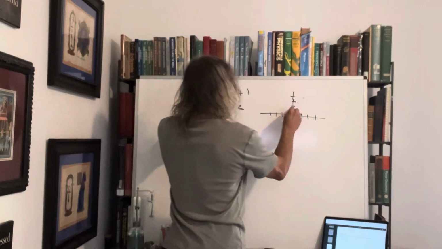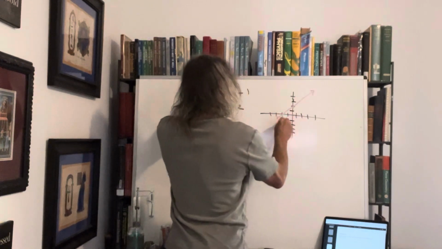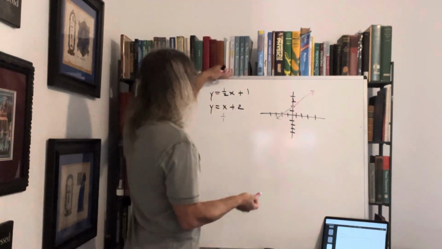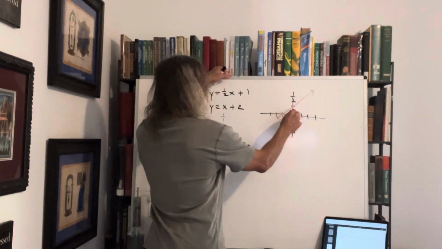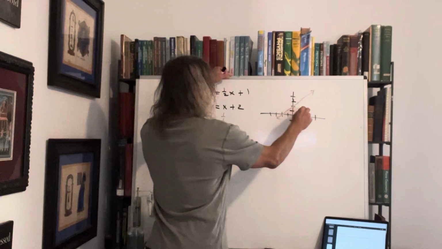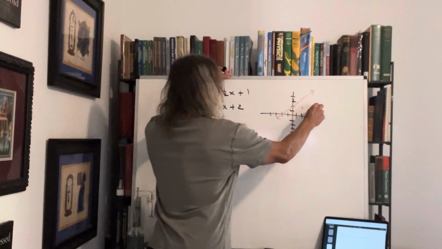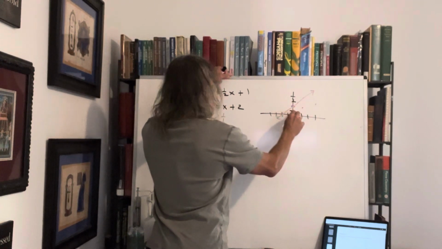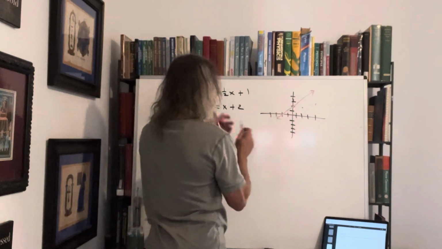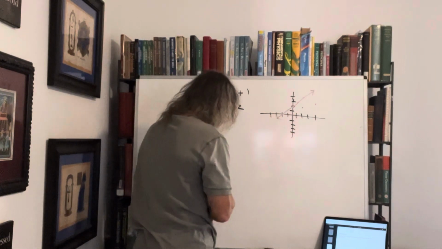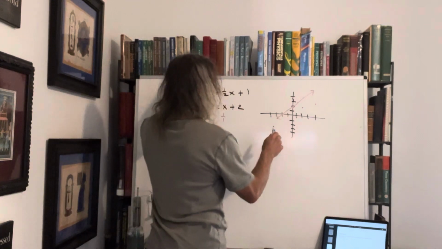Then 1/2 x plus 1, y-intercept is 1, slope is 1/2, up 1 over 2, up 1 over 2, and then down 1 over 2, down 1 over 2. Do a different color. Then connect the dots.